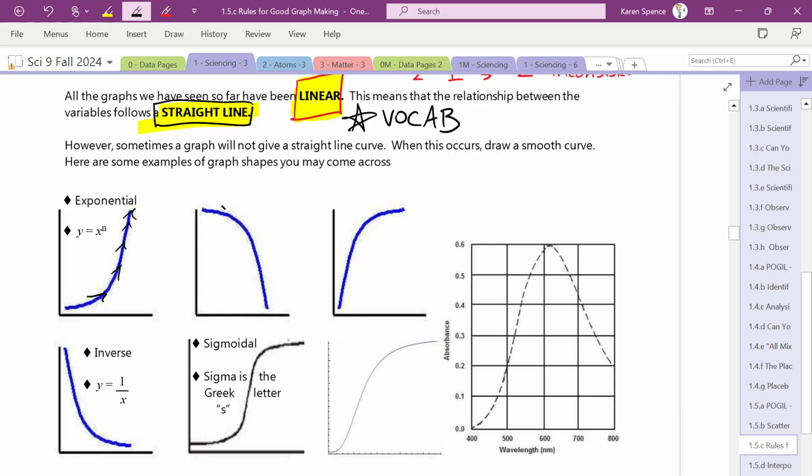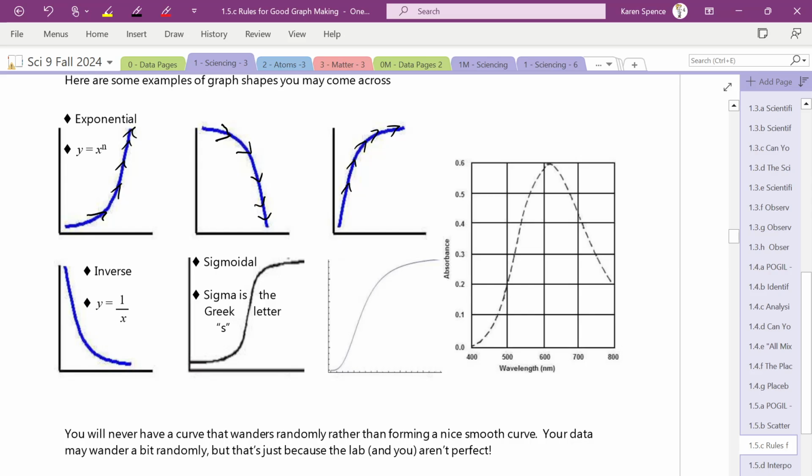Maybe it goes down slowly and then it goes down faster and faster and faster. Or maybe it goes up fast and then it starts to go up more slowly. Maybe it goes down fast and then it starts to go down more slowly.